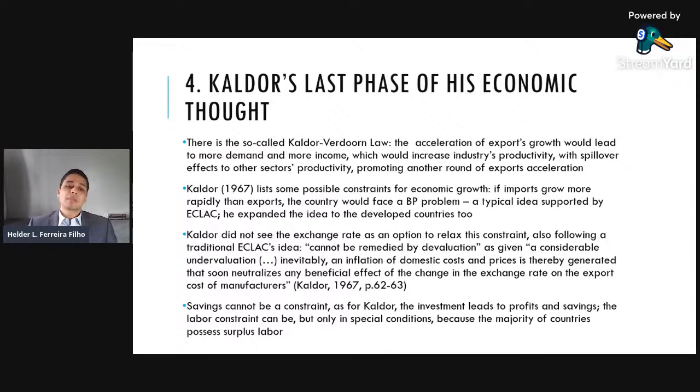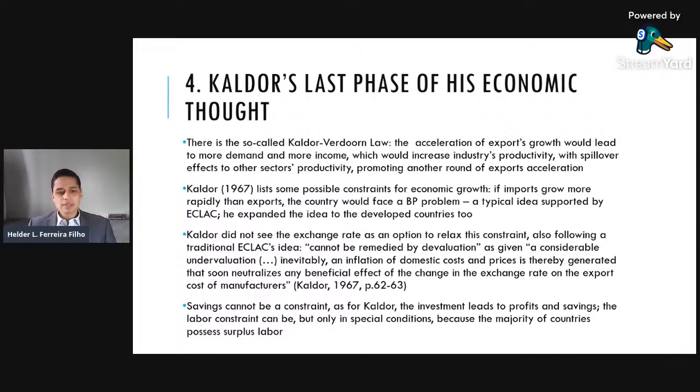Interestingly enough, he extended this idea to the developed countries too, as the United States or United Kingdom would benefit from expanding exports. Calder did not see the exchange rate as an option at the time to relax this constraint, following a traditional ECLAC idea.